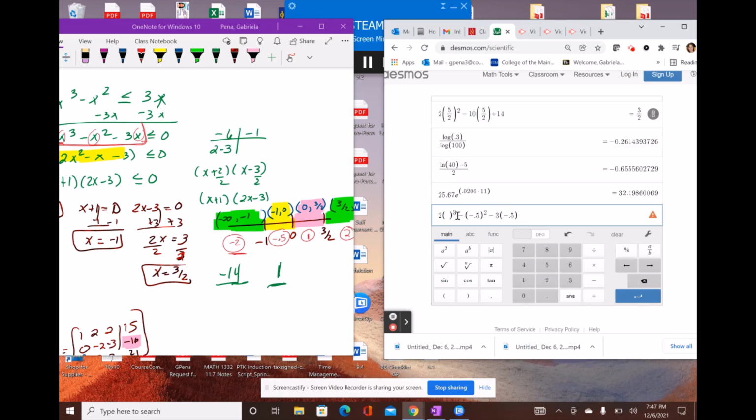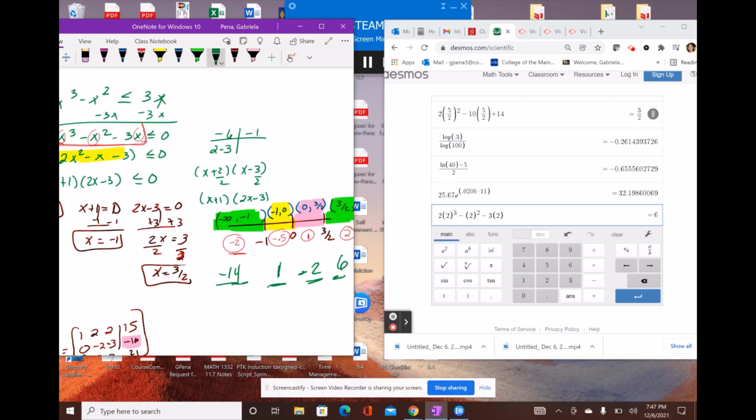Then I'm going to plug in a 1, and the answer is negative 2. And then plug in a 2, and the answer is 6.